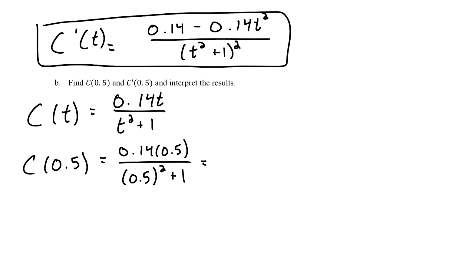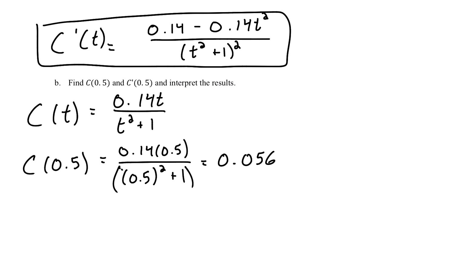Be careful if you're going to try and type all this in your calculator in one step. Make sure that denominator there is in parentheses. But let's see what we get here. Divided by 0.5 squared plus 1, close my parentheses. I have 0.056 at the end of this problem.